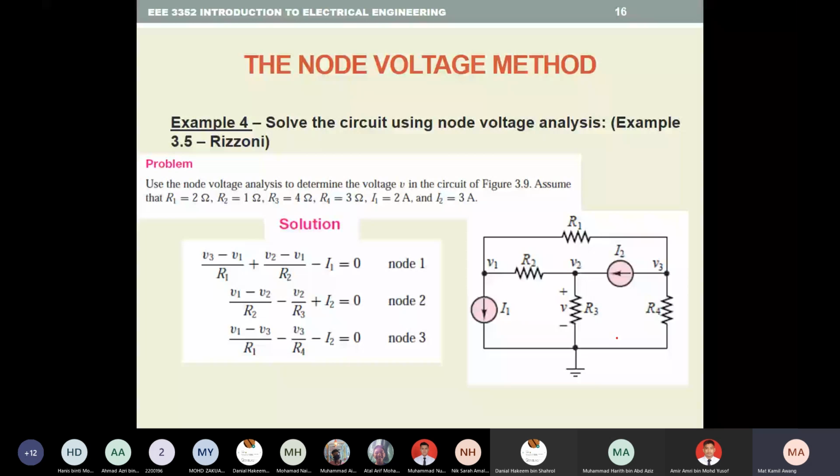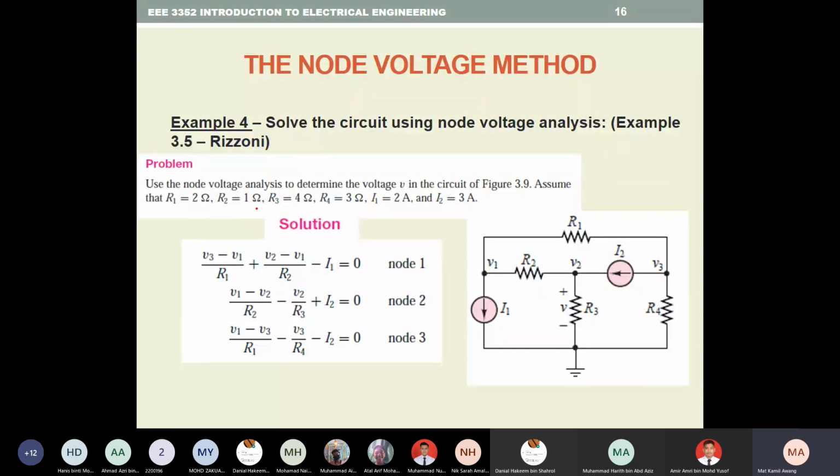Okay. Example 4. Solve the circuit using node voltage analysis. This is also in the textbook. You are given these circuits, and you are given the values of I1, I2, R1, R2, R3, and R4.